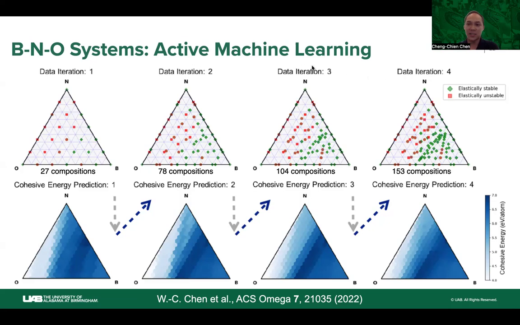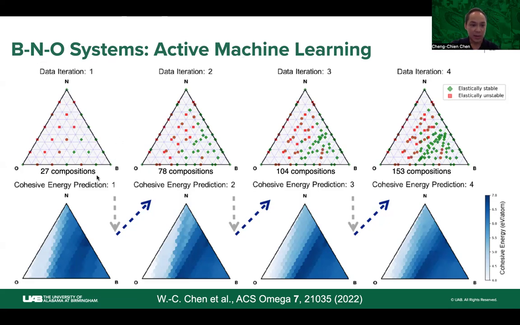In this case, we generate our own BNO data from first principles and train a machine learning model, and use the resulting model to guide our selection of compositions, and perform additional first principles calculations, and then update the machine learning model. You keep iterating this procedure until the results converge. This is called active machine learning.